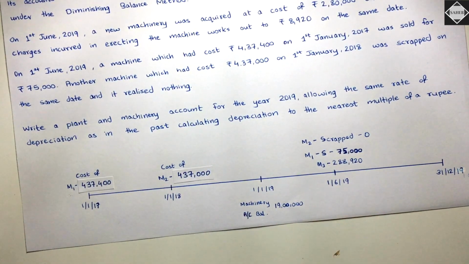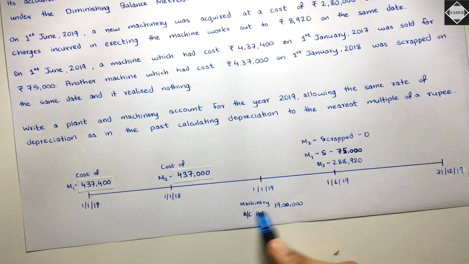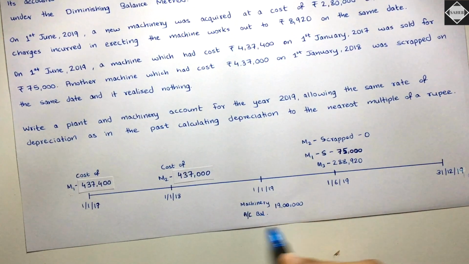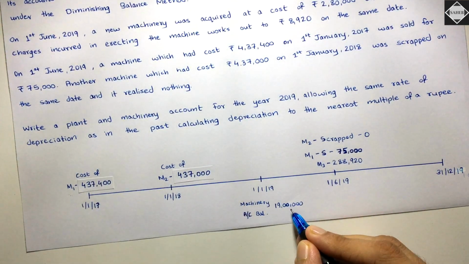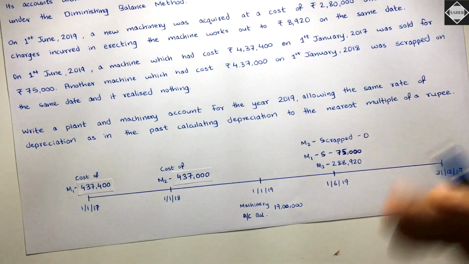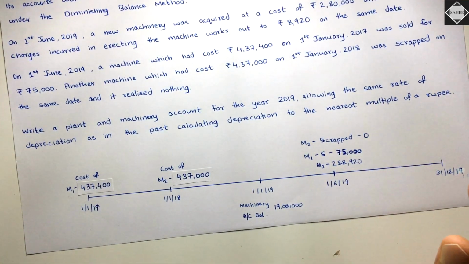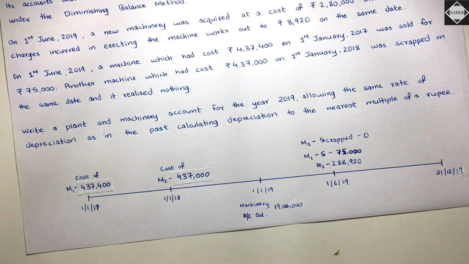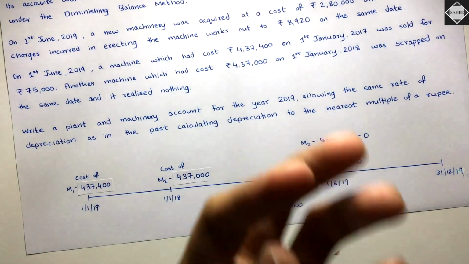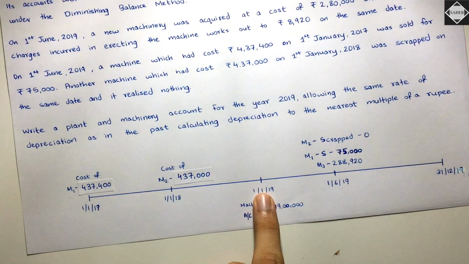Now, one important thing, understand properly. How will you come to know the WDV of the remaining machinery in this 19 lakh? This entire 19 lakh you cannot depreciate, because in this 19 lakh there were M1 and M2 and you have sold them off, right? So how will you calculate the balance, the other machinery? It's really simple. Understand. You already have the WDV of M1 and M2, isn't it?